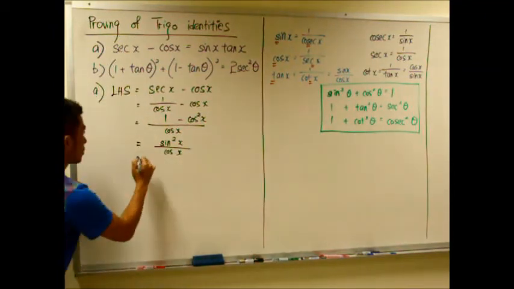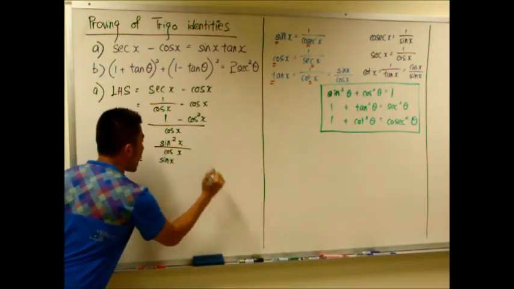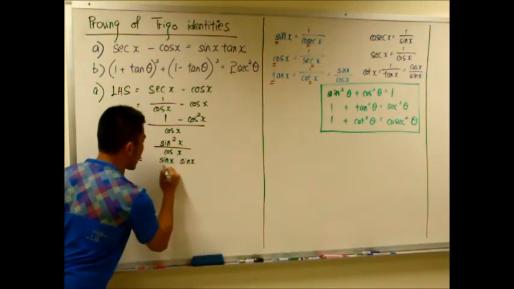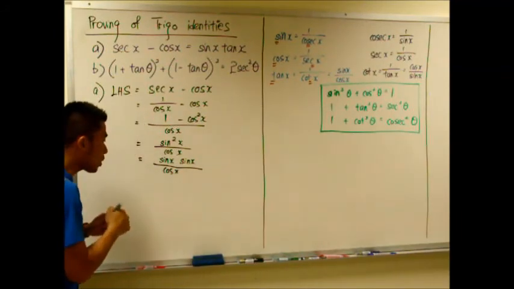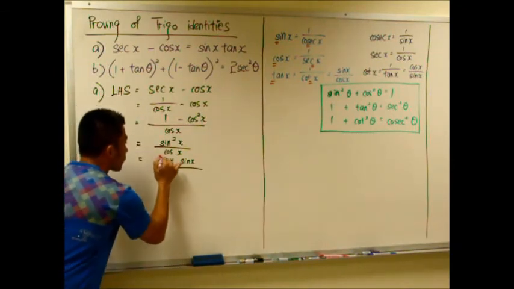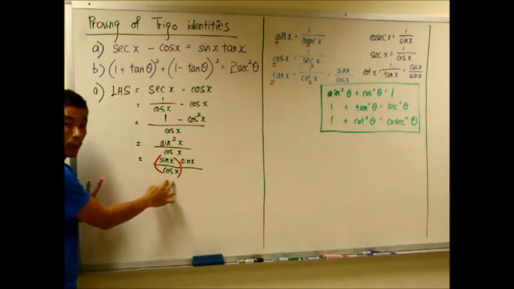And you know, sine square is the same as sine x multiplied by sine x. And if you were to write it out, you can see that we can have the first term together this way.